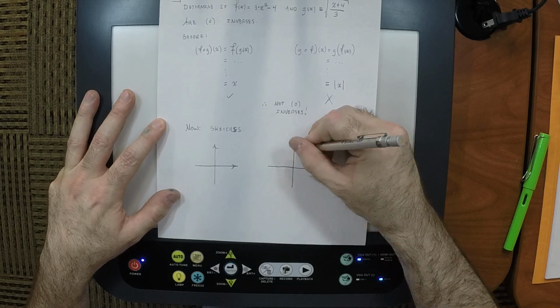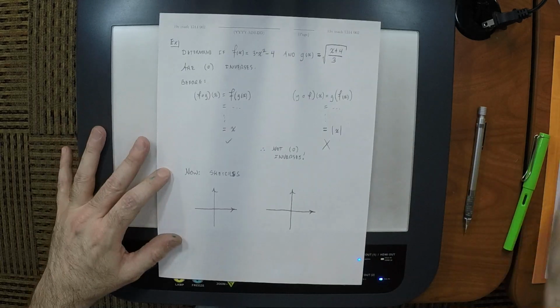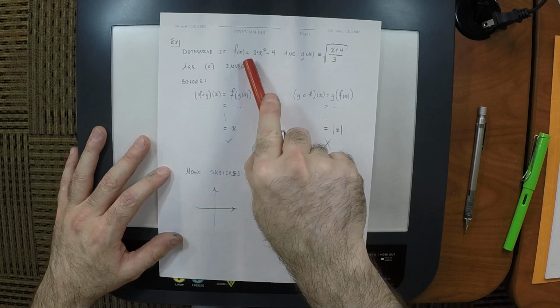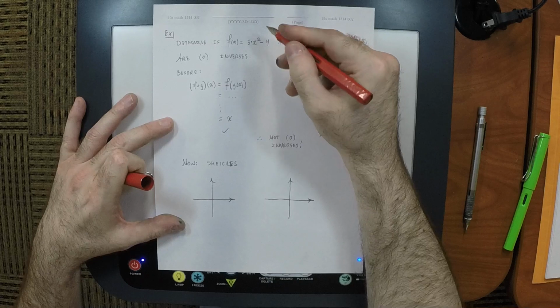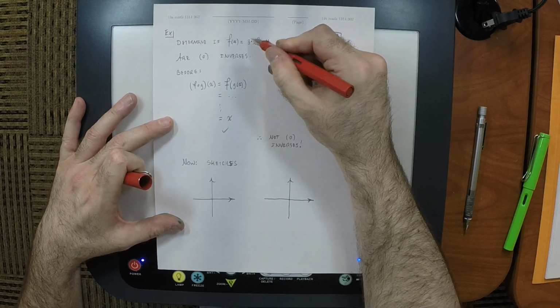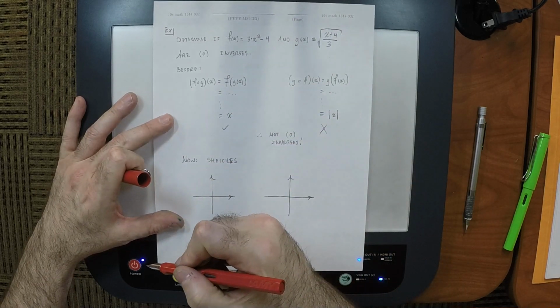If you were to plot y is f of x, it would look like this. Because it's 3x squared minus 4, that means that this is a quadratic, which means its plot is a parabola.